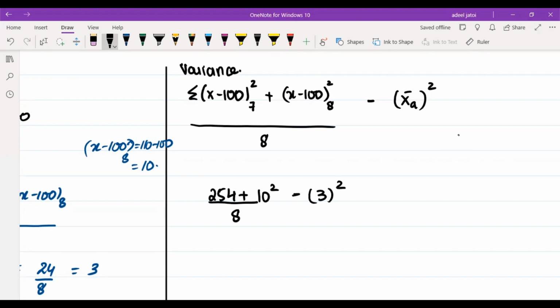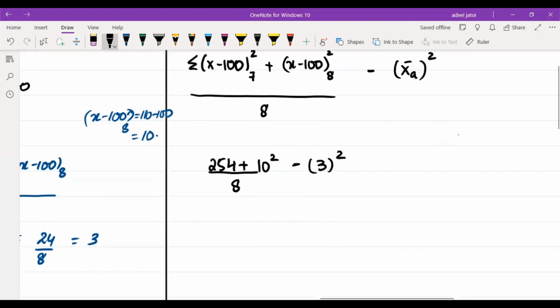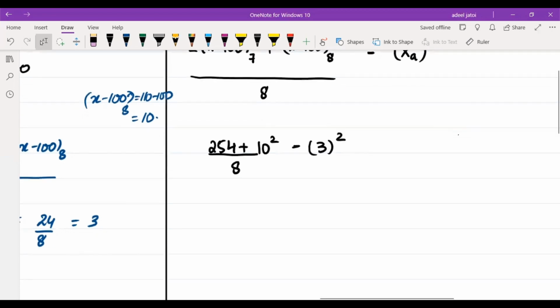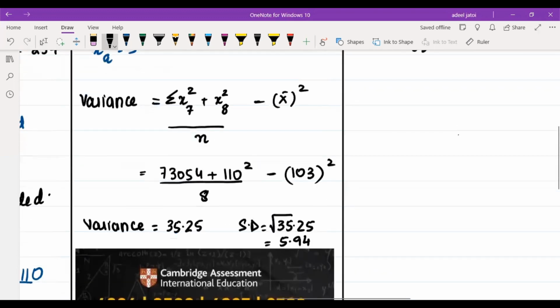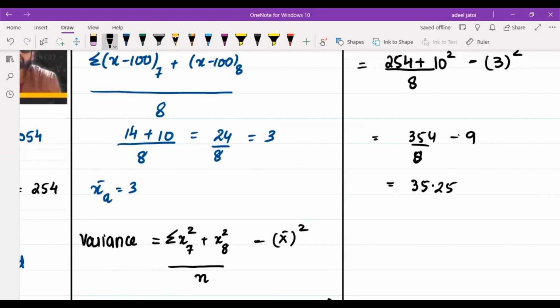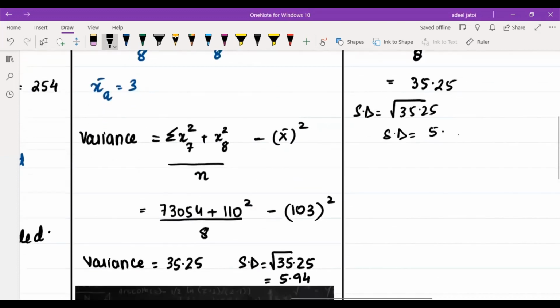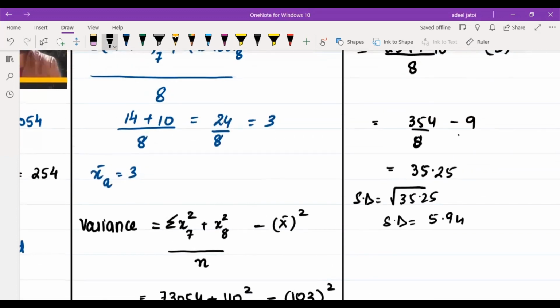This will give me the variance of the assumed data. That is the reason we took mean as 3. So 254 plus 10 square. 10 square is 100. 254 plus 100 is 354. So 354 upon 8 minus 9. The answer will be 35.25 again. And the standard deviation will be under root 35.25, which means the standard deviation will again be 5.94.